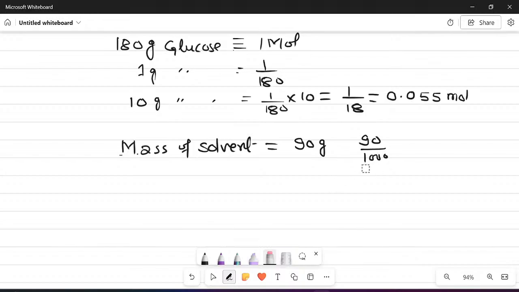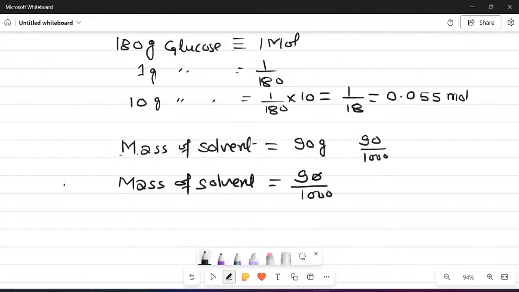So in terms of kilogram, mass of solvent is 90 upon 1000, that is 0.090 kilogram.